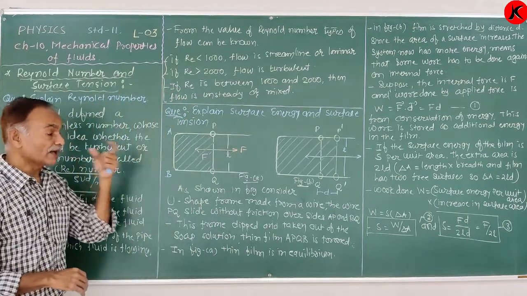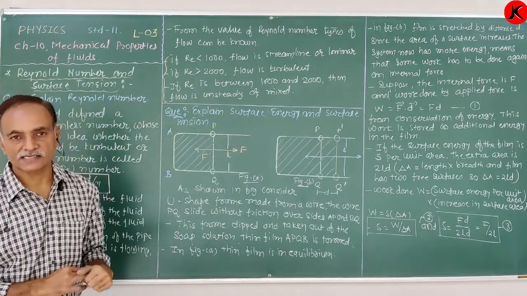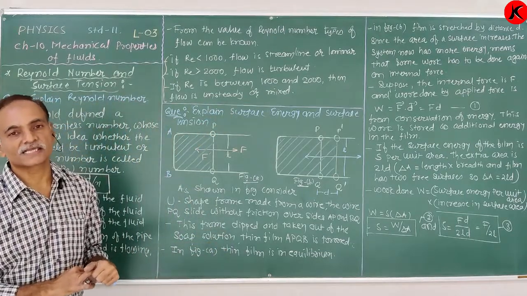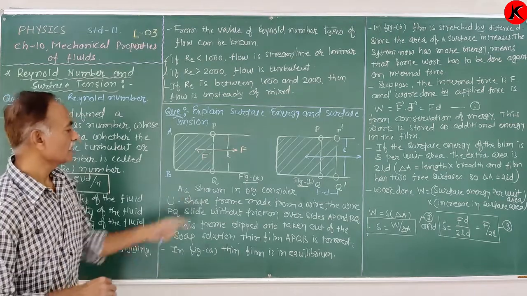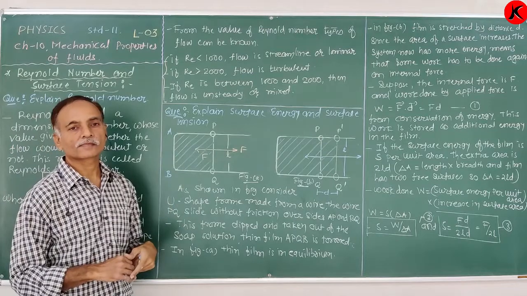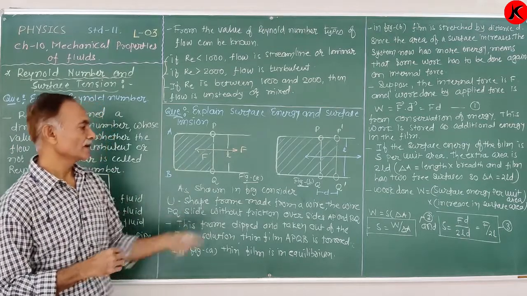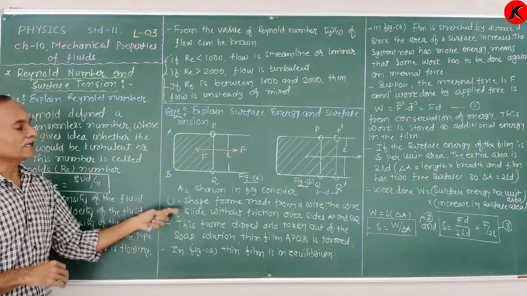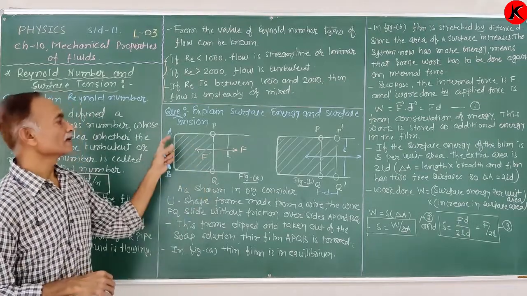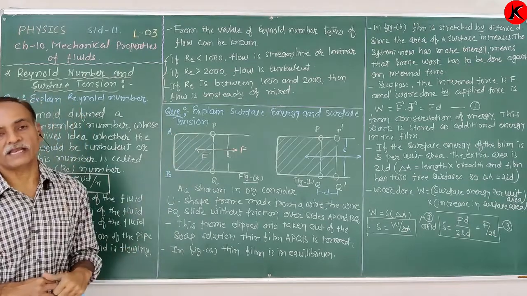Okay, now we are going to discuss surface energy and surface tension. For that purpose, we consider one example, shown in the figure. Consider a U-shaped pair of wire, or a frame made from wire. The wire PQ slides over the two arms AP and BQ without any friction.